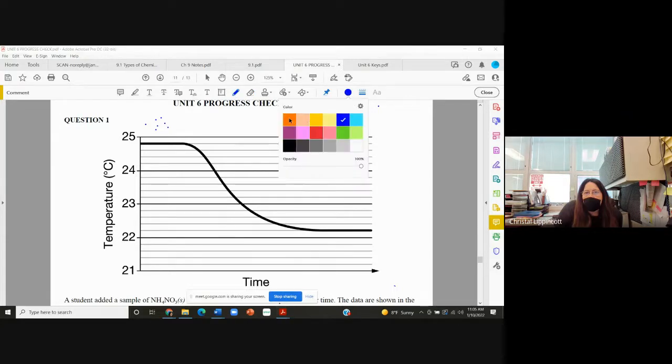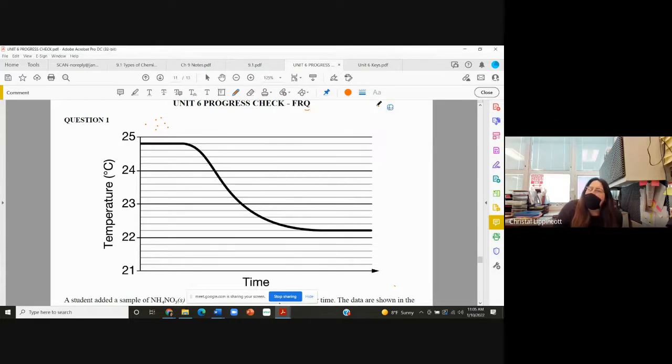Wouldn't it be exothermic? The temperature of the surroundings changed. That's what you're measuring here. You're not measuring bond enthalpies. You're not measuring heat of formation.